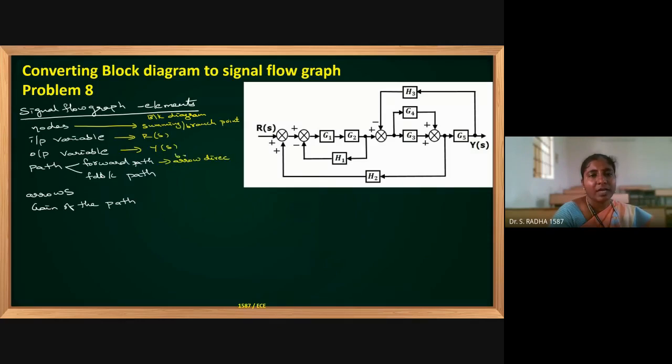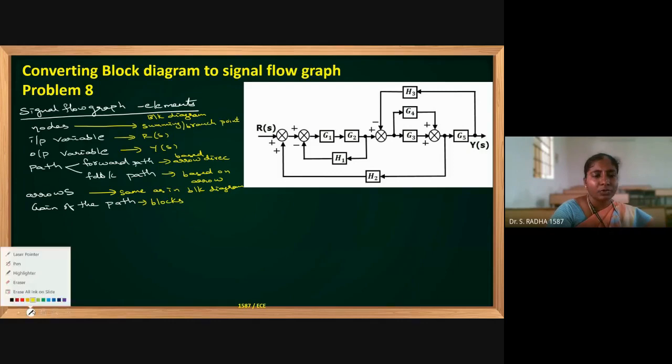And feedback also is based on arrow direction. Arrows indicate the same direction as arrows in the block diagram. And the gain of the path: the blocks present in the block diagram, you have to remove that block and then just write the gain on the path. I will show you how to do that.